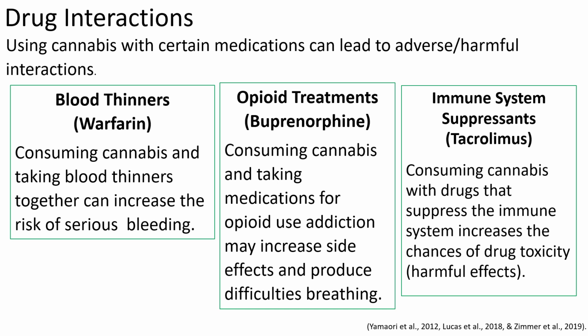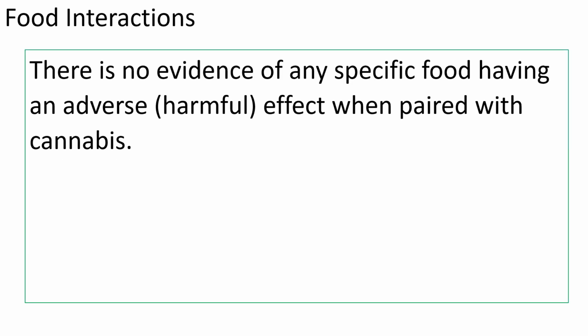Opioid treatments: consuming cannabis and taking medications for opioid use addiction may increase side effects and produce difficulties breathing. Immune system suppressants: consuming cannabis with drugs that suppress the immune system increases the chances of drug toxicity or harmful effects. There is no evidence of any specific food having an adverse harmful effect when paired with cannabis.